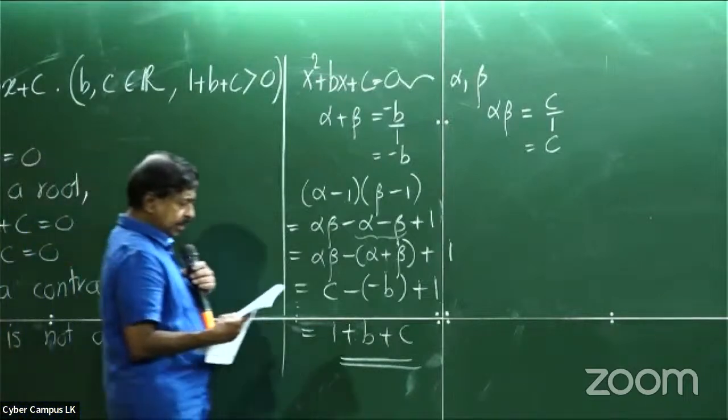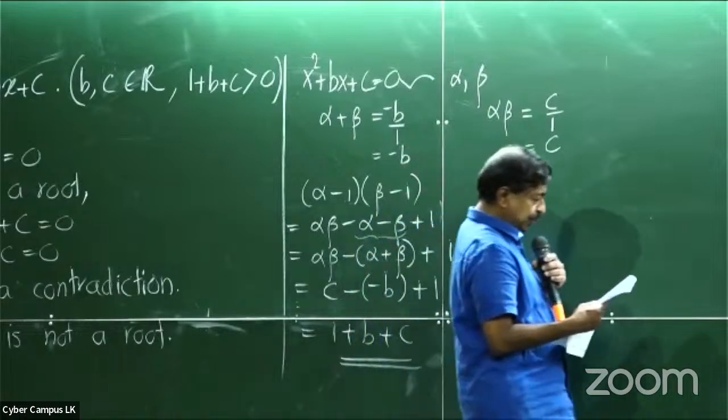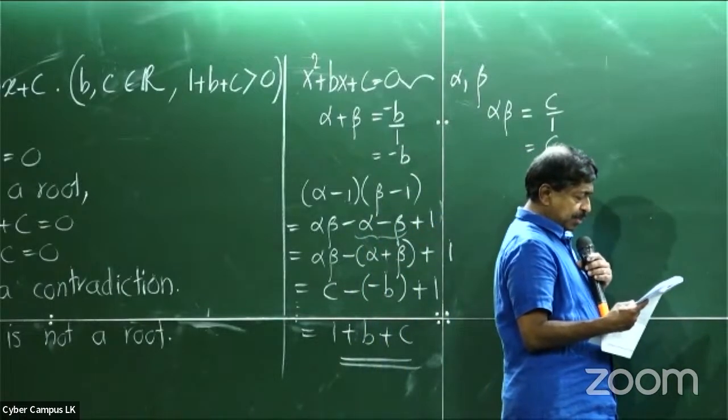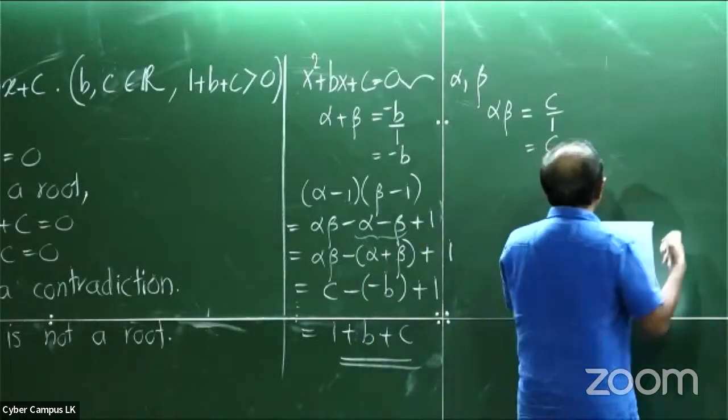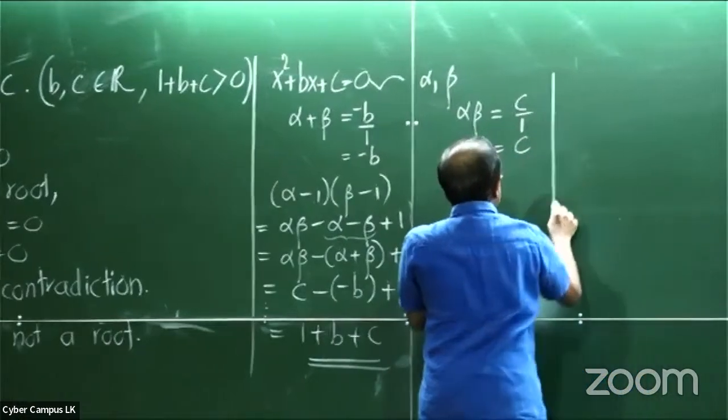Now we need to find the equation with roots 1 over alpha minus 1 and 1 over beta minus 1.